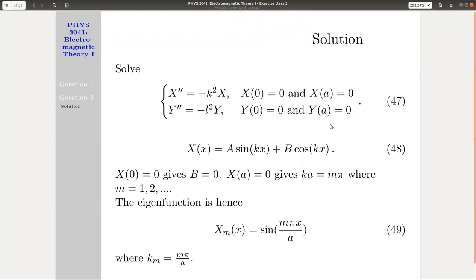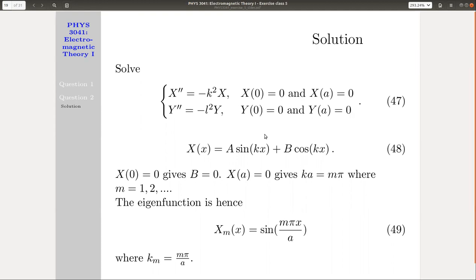So we can first solve for the simpler differential equations, x and y first. Here they are, the two differential equations and also their boundary conditions.